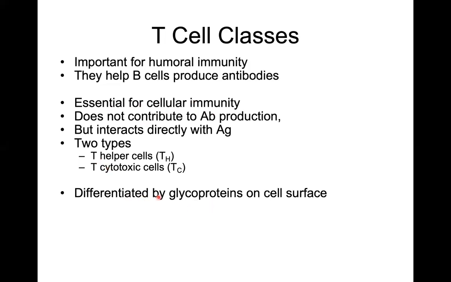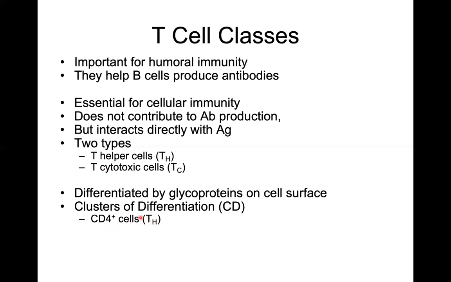T cells can be differentiated by the molecules found embedded on their cell membrane, these glycoproteins. The differentiation is mediated by these groups of proteins called clusters of differentiation. The main ones are called CD4 positive T cells.